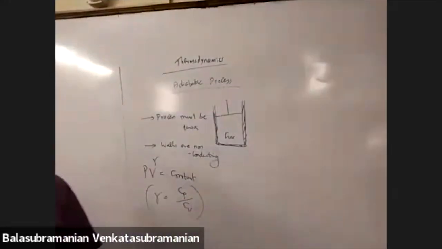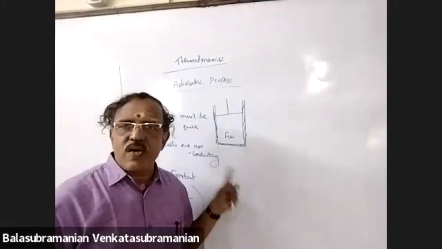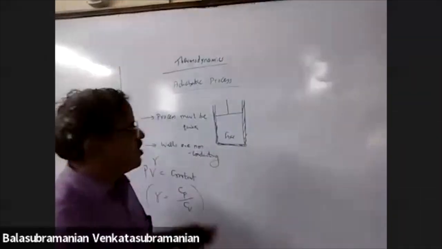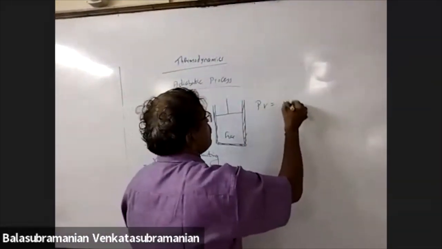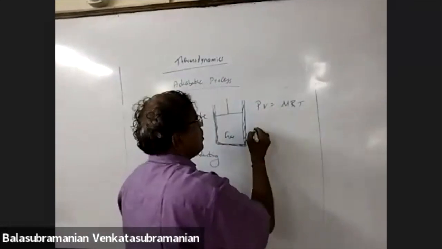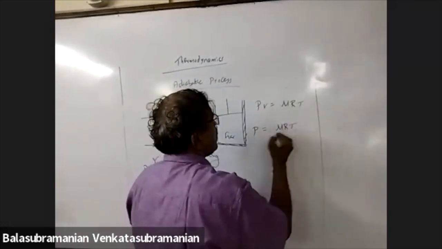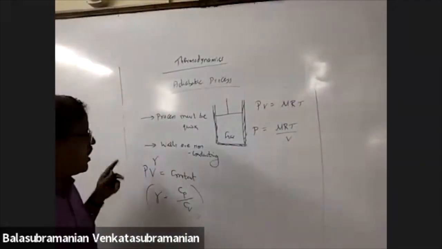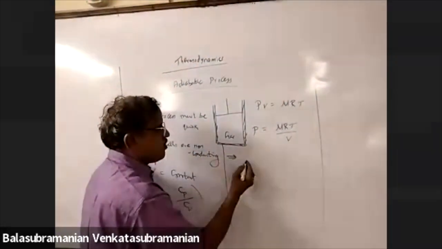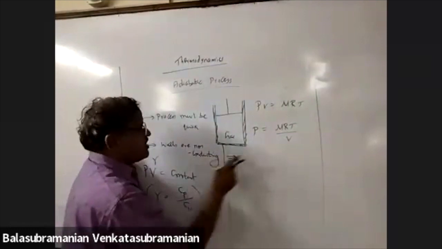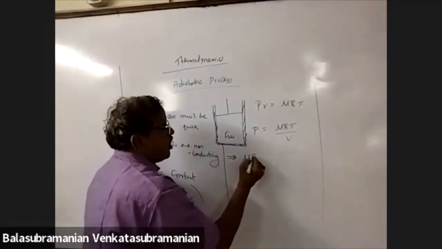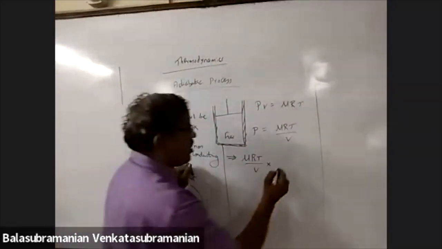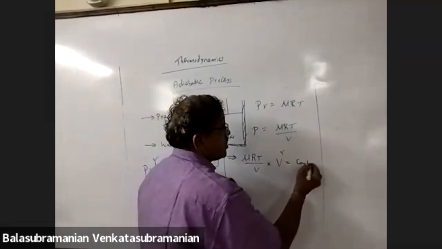Is there any other equation for adiabatic process? One equation is PV power gamma. Another equation, yes, we have. PV is equal to mu RT, so P is equal to mu RT by V. Instead of P, you substitute mu RT by V. Then PV power gamma becomes mu RT by V into V power gamma is equal to constant.